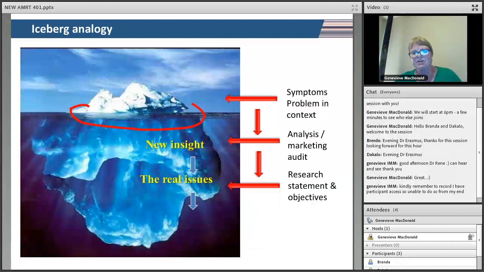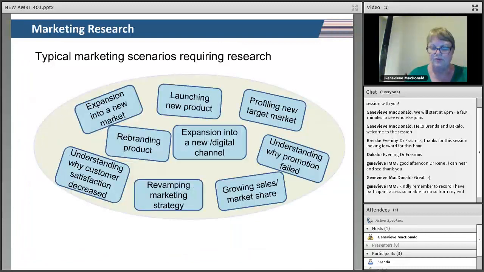And from the research statement, you take the keywords and you develop research objectives. Those research objectives are the little action plans that you use to find the right information, so that it informs you why this did not work as well as it should have.